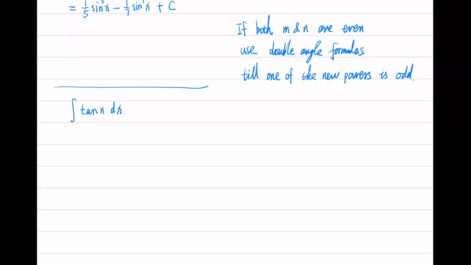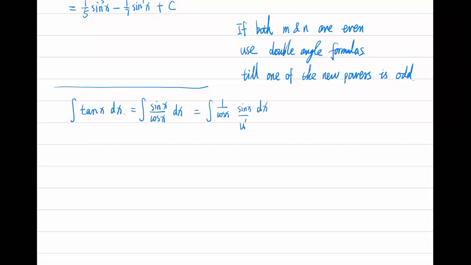So we use the definition of tangent: it's sine over cosine. So we use substitution.